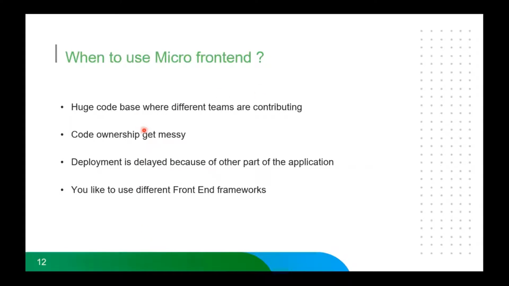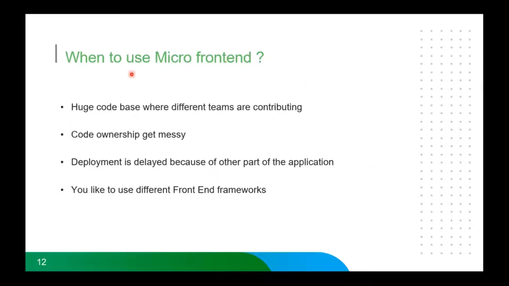As I was saying, there might be a few challenges which we are facing in our current app. For that case, we need to identify the signals that tell us when we can go with micro front end architecture or any changes in our application.